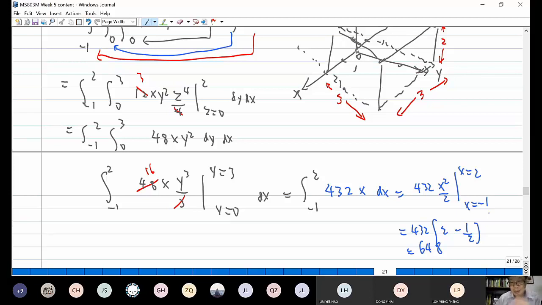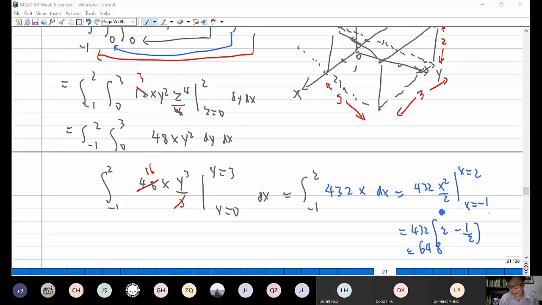Alright, so this is an example of a triple integral, a simple triple integral, where actually, okay, triple integral straight away integrates over a region. Right.